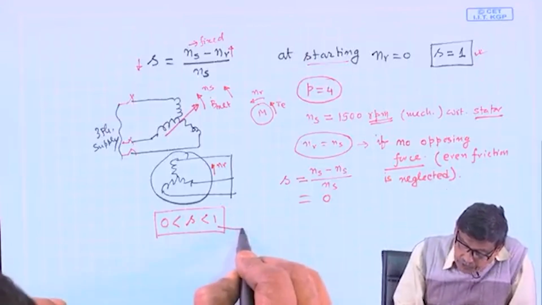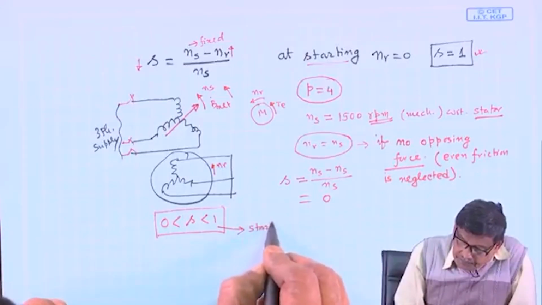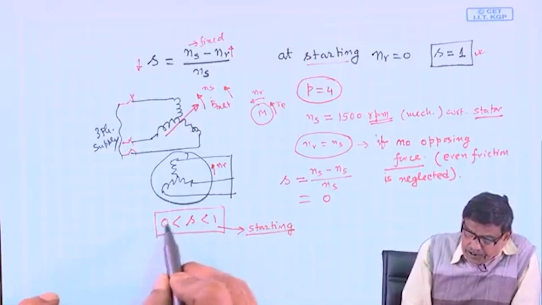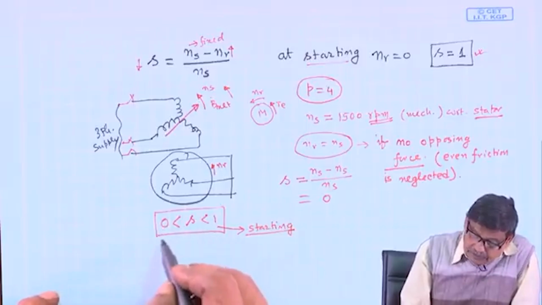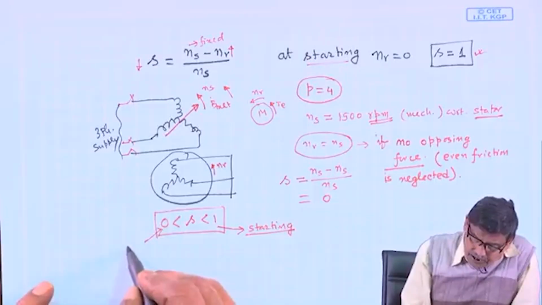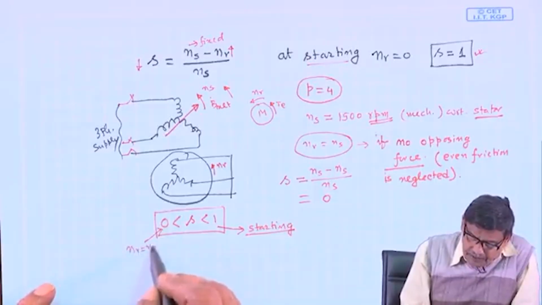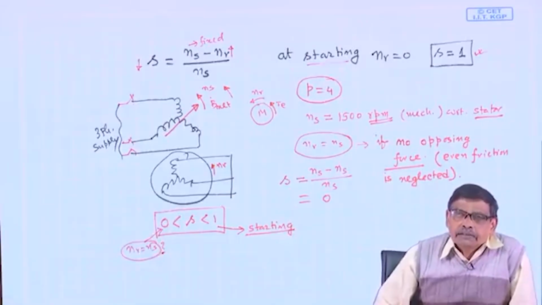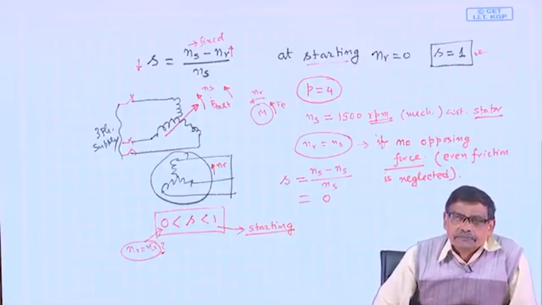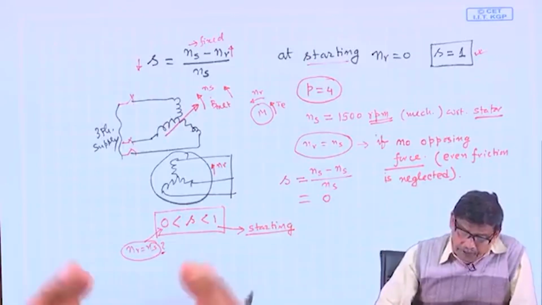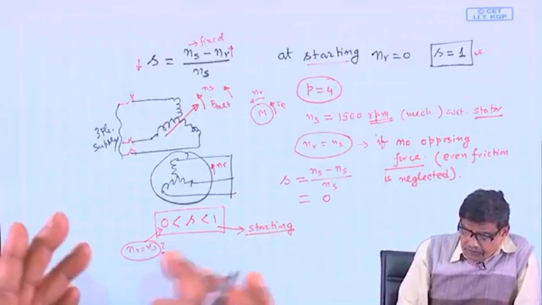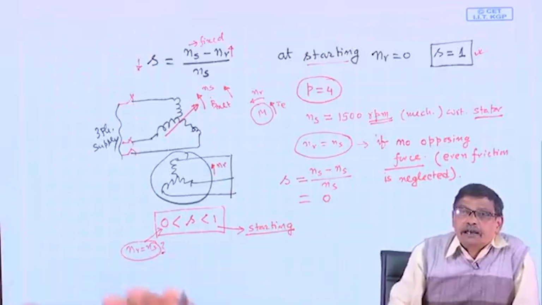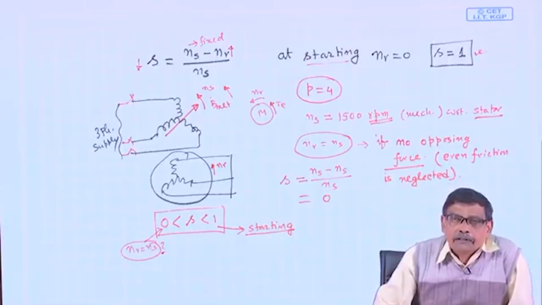This corresponds to starting. So, slip can assume any value between 0 and 1, and 0 corresponds to Nr equal to Ns, which is of course a doubtful proposition, because no machine is frictionless. But nonetheless, these two values of speed define the range of the value of slip.